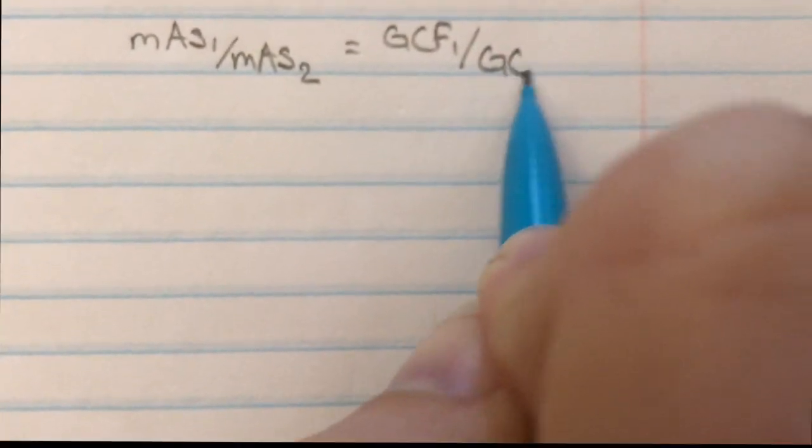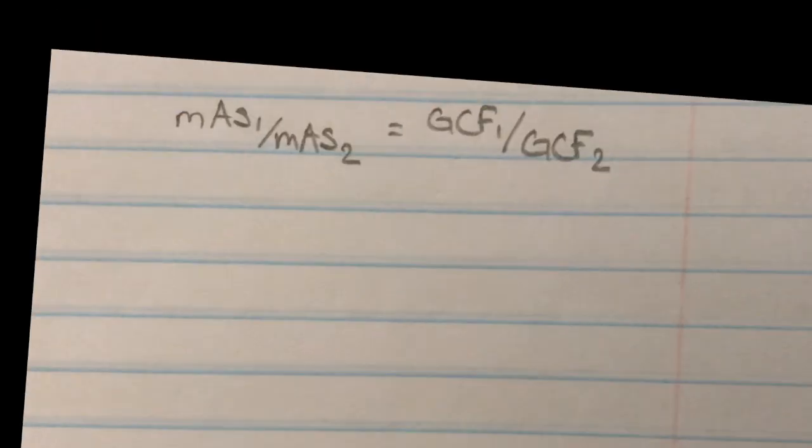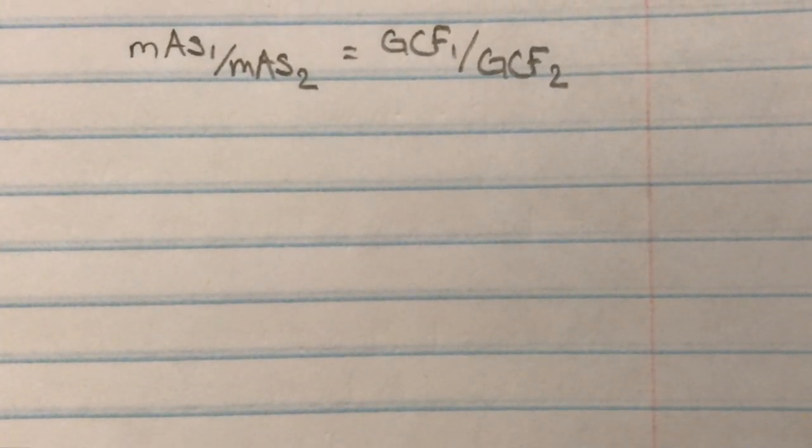This is better. MAS 1 over MAS 2 equals the grid correction factor 1 over the grid correction factor 2. In this problem, it's asking us to find the grid correction factor.